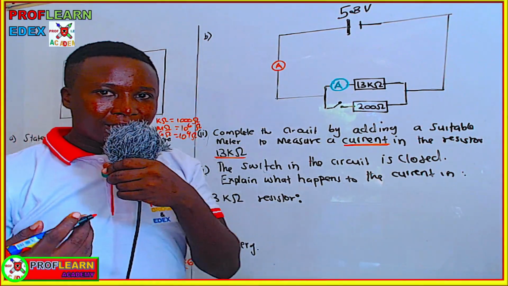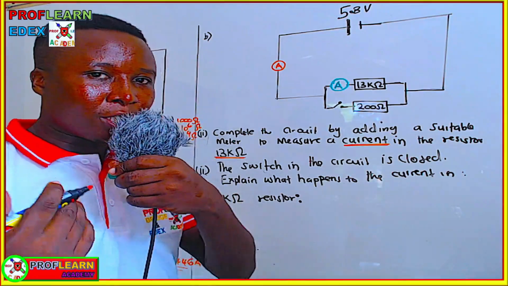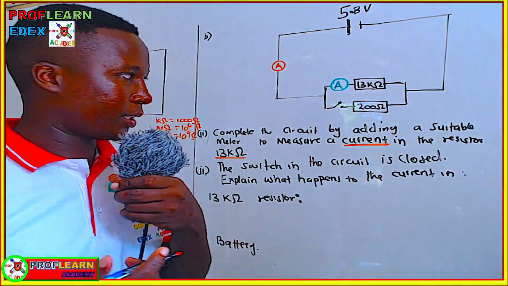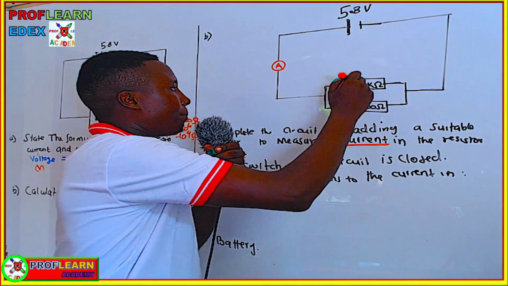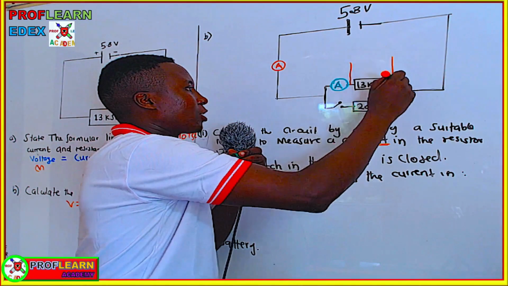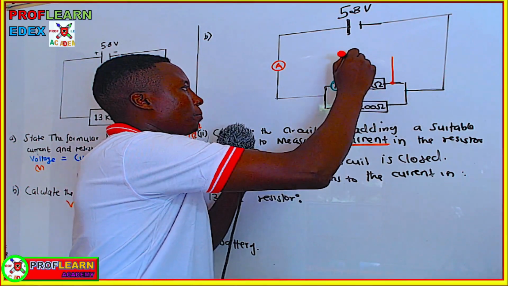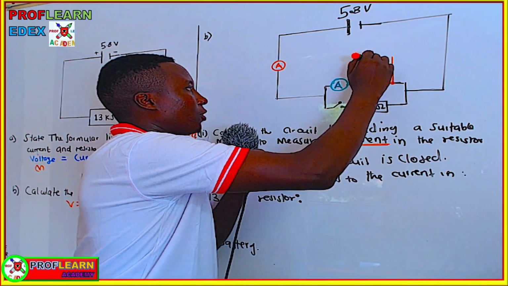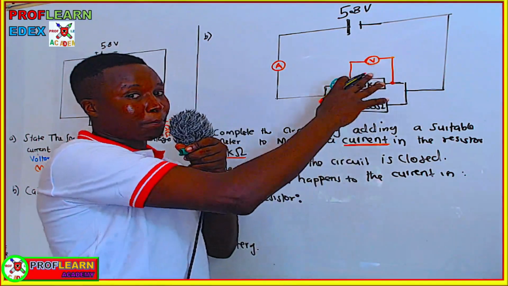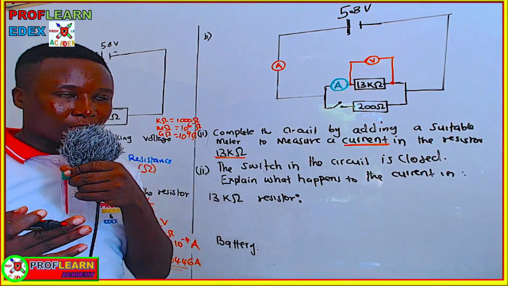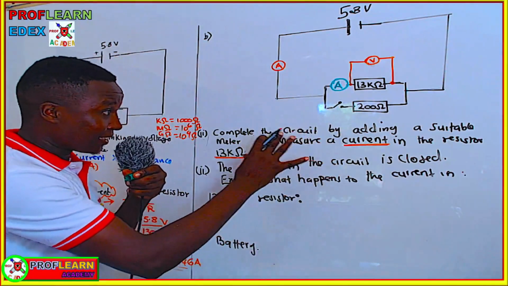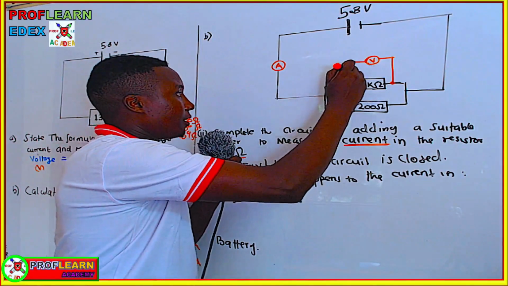Something else I need to mention is that if you are told to add a voltmeter to measure the voltage of a component, it is supposed to be added in such a way that it is parallel to the component. So if it's a voltmeter we were supposed to add, we add it at that point. So the correct answer for our question is this one.